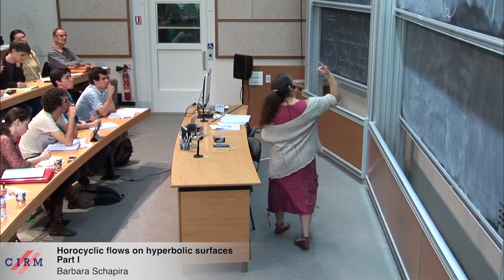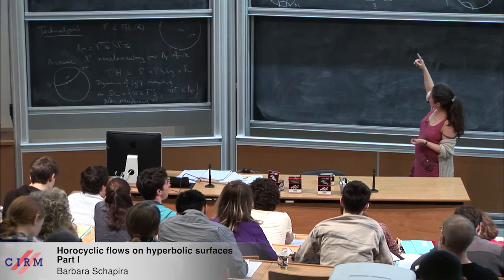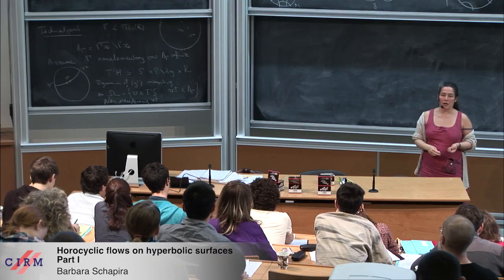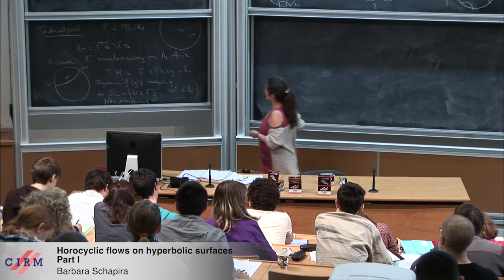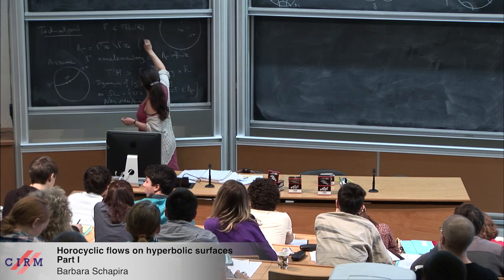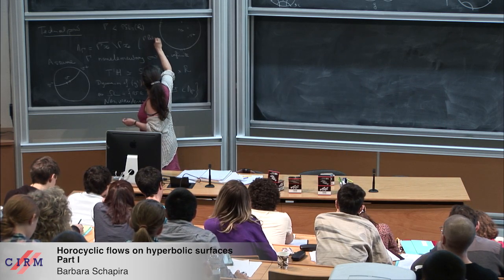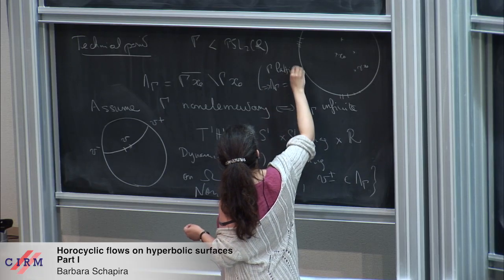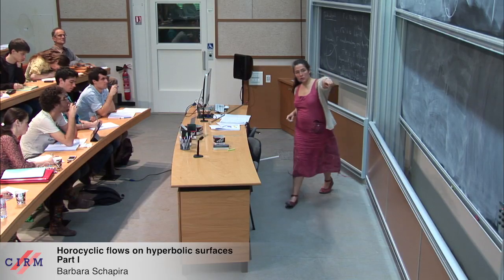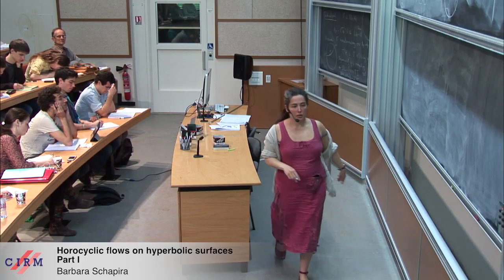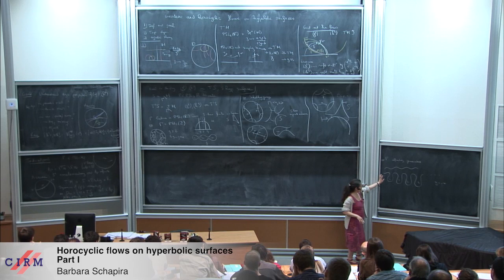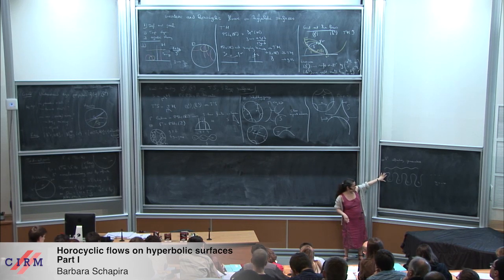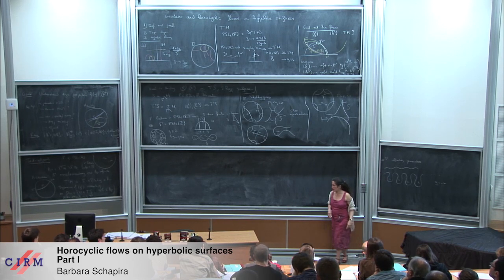When you have a lattice, finite volume or co-compact, the limit set is everything. So maybe I can mention it: if gamma is a lattice, the limit set is everything. But also, if gamma is a normal subgroup of a co-compact lattice, for example, in this picture, the limit set is also everything.